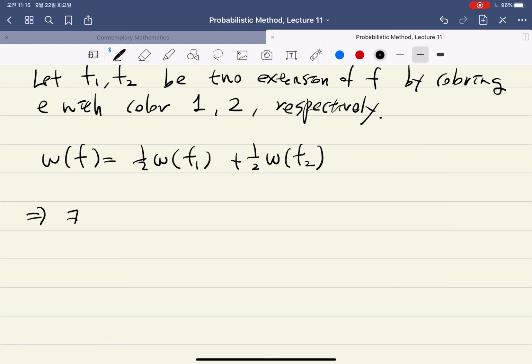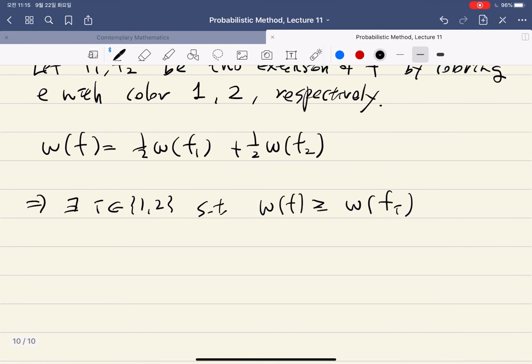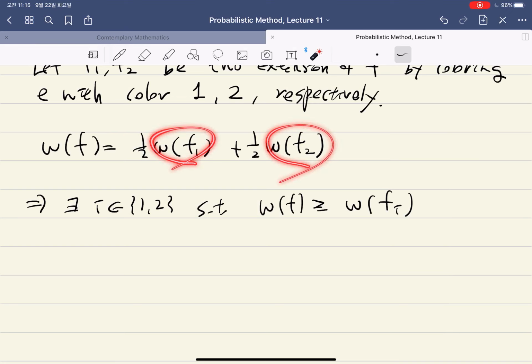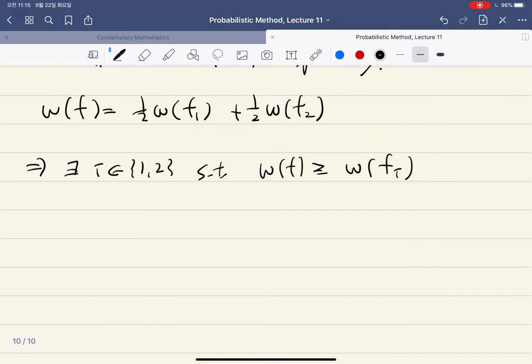This implies that there exists a choice of i which guarantees this weight is not increasing. So at least one of these two must be smaller than or equal to the original weight. So now we color E by i, and we repeat.